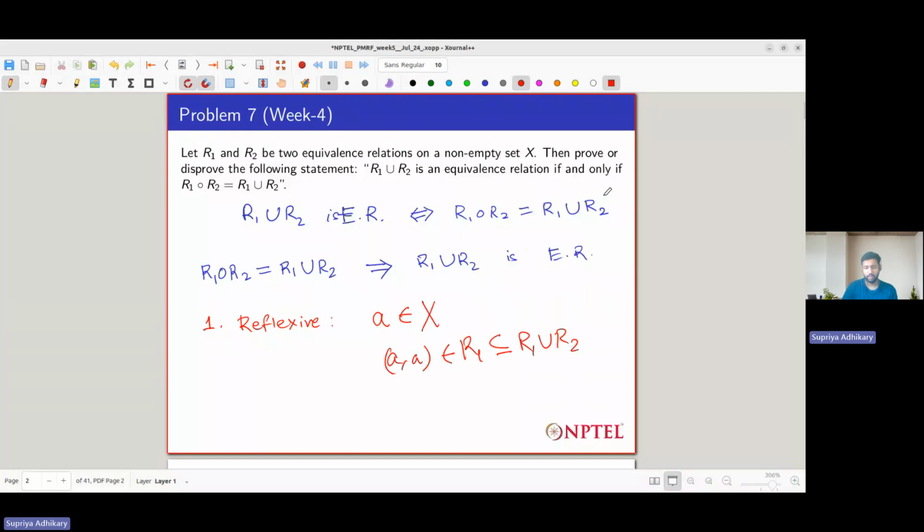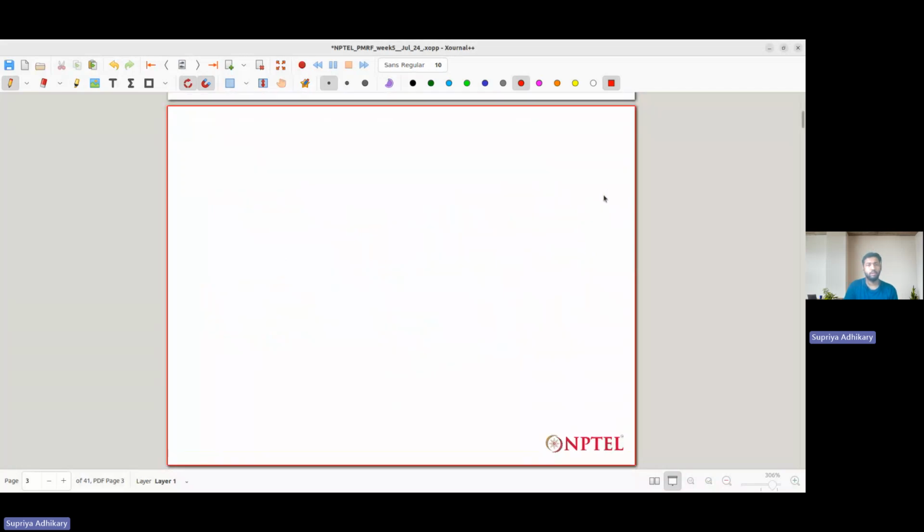Second, we have to prove the symmetric relation. So what was the symmetric relation? Given (a, b) belongs to R1 union R2 and (b, c) belongs to R1 union R2, we have to prove that (a, c) also belongs to R1 union R2.